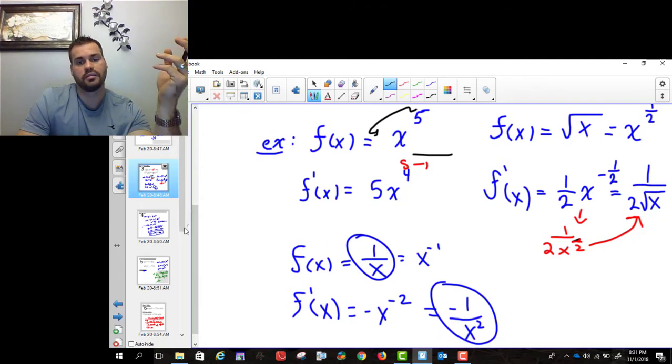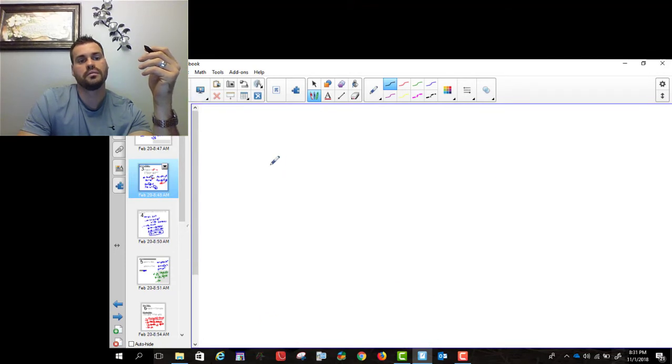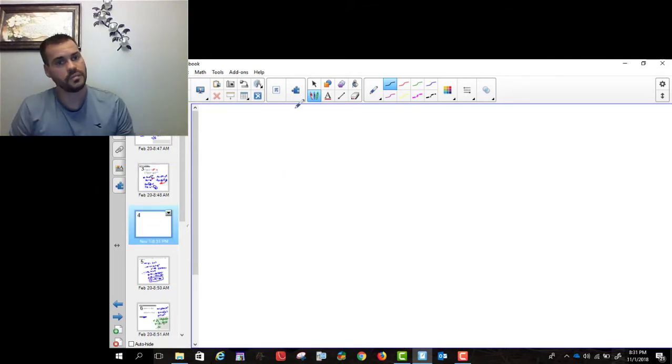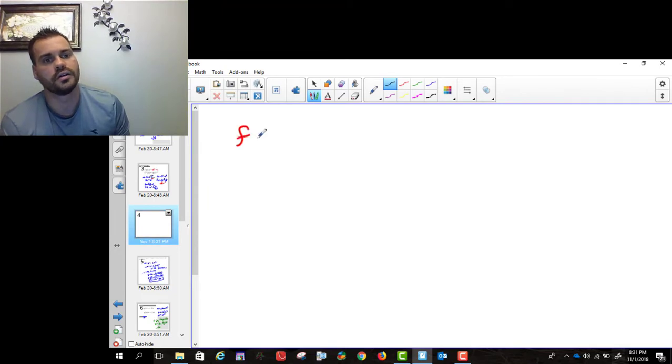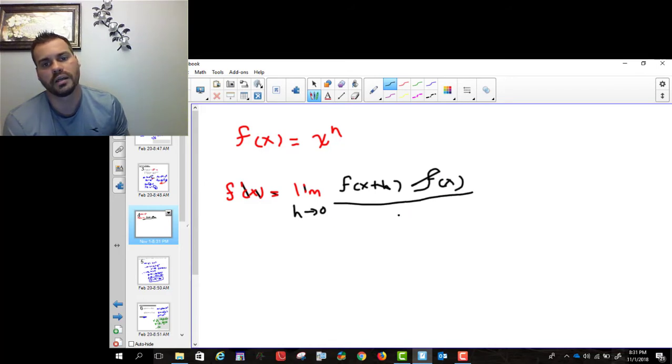The question is, how do we prove it? Okay, so let's prove it. I'm going to try anyway. So we're going to start out with f of x is equal to x to the n. So then our f prime of x becomes the limit as h approaches 0 of f of x plus h minus f of x, divided by h.